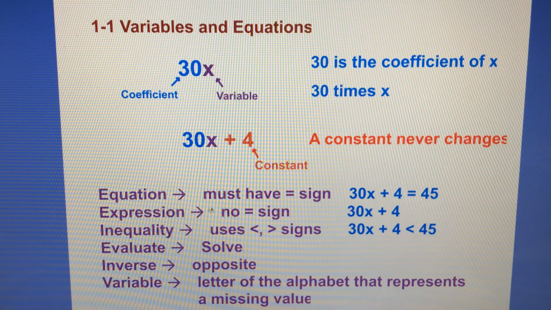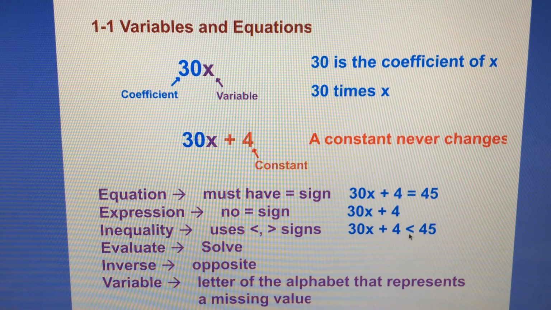Let's do some vocabulary. Equation. An equation must have an equal sign. An expression does not have an equal sign. There is no equal or greater than or less than sign. There's no sign at all. Inequality. An inequality uses arrows. Greater than or equal, less than or equal.